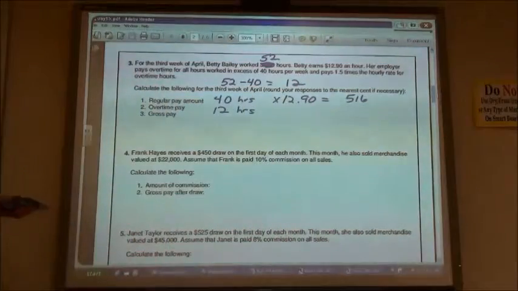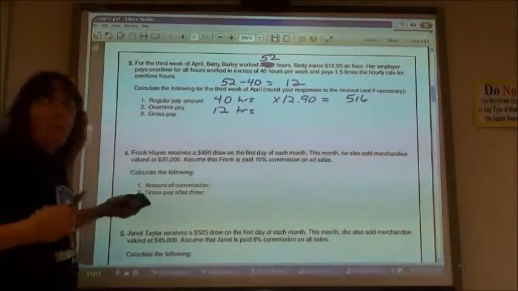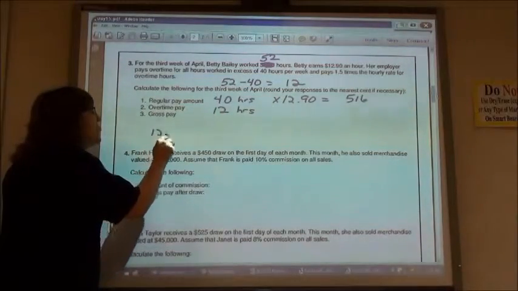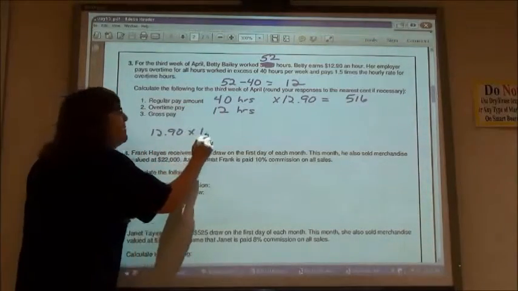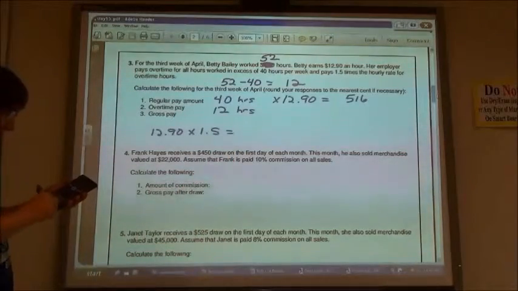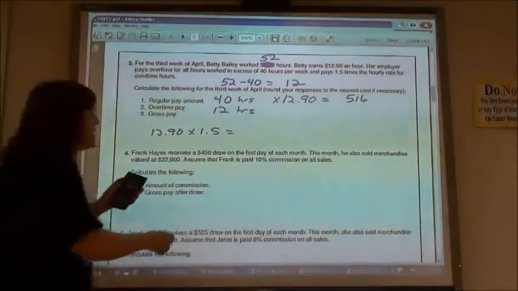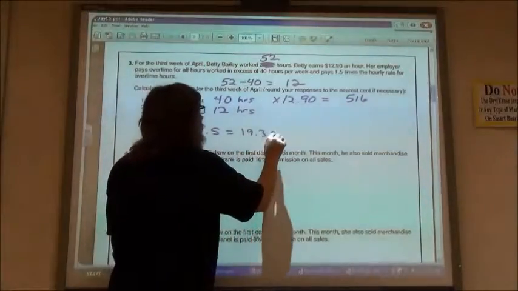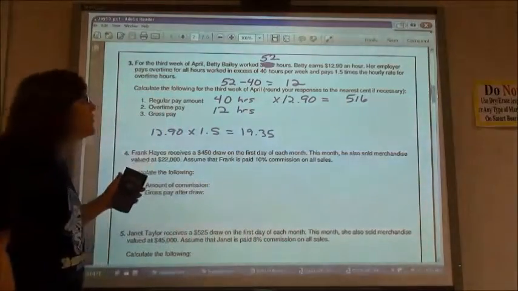Now for my overtime pay, I get time and a half, 1.5. So I have to take the $12.90 times 1.5, time and a half. So $12.90 times 1.5 means she gets $19.35 per hour for her overtime pay.